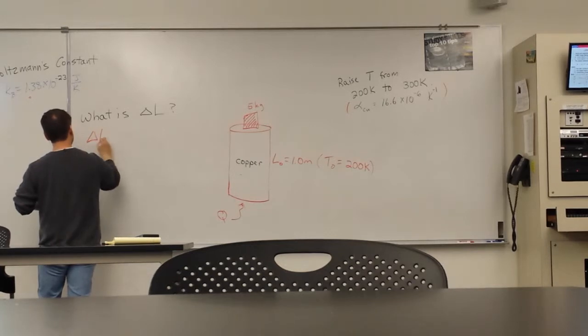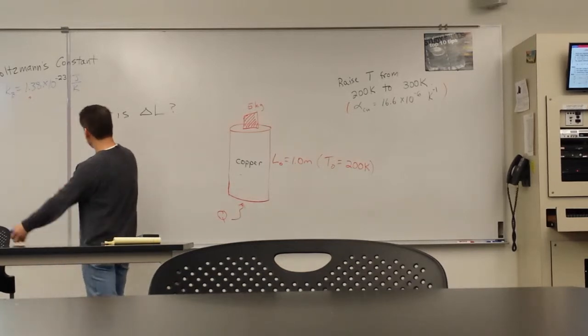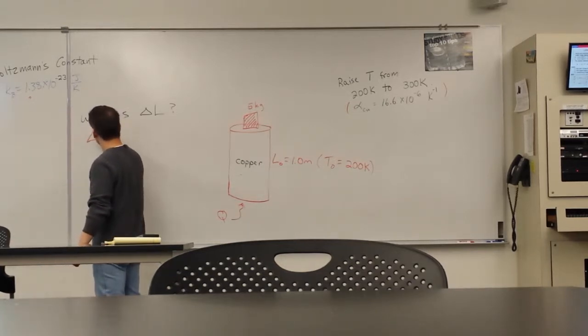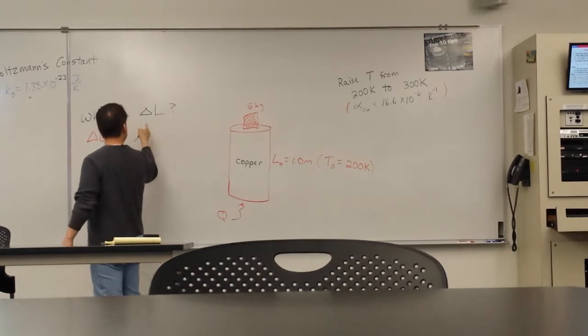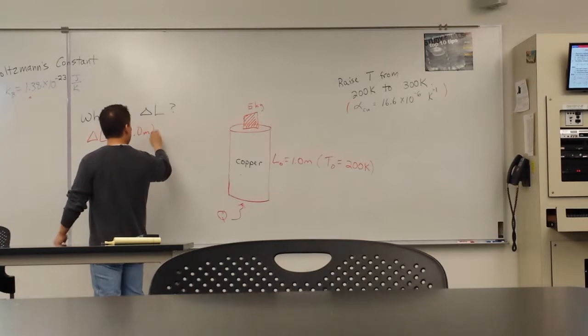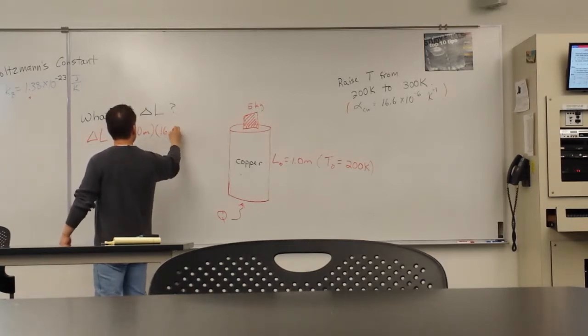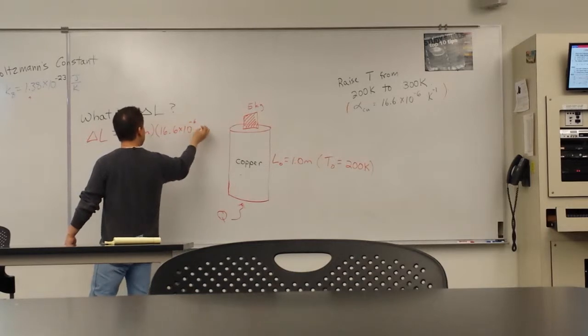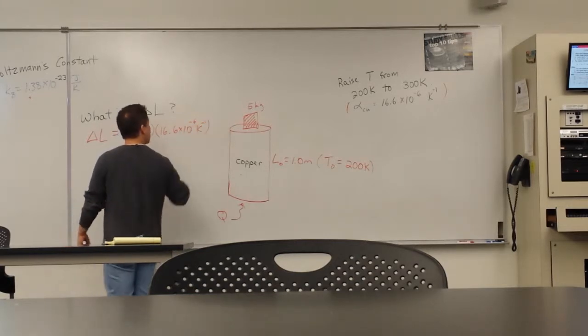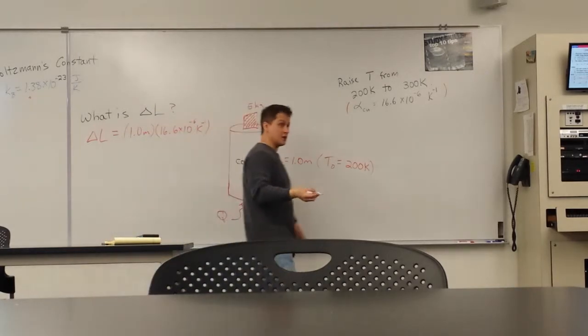The change in length would be related to the initial length, in this case 1 meter, times the alpha, so 16.6 times 10 to the negative 6 inverse Kelvin, times a temperature change of 100 Kelvin.